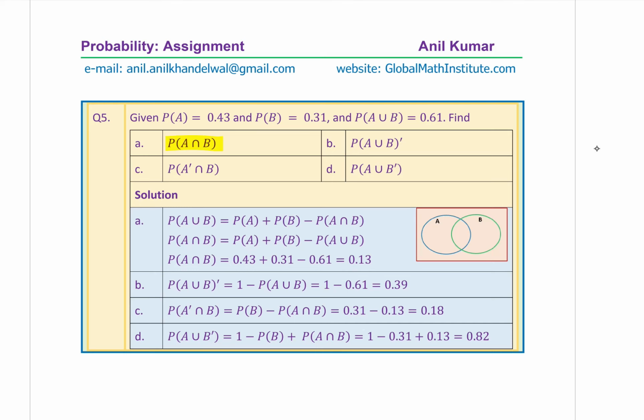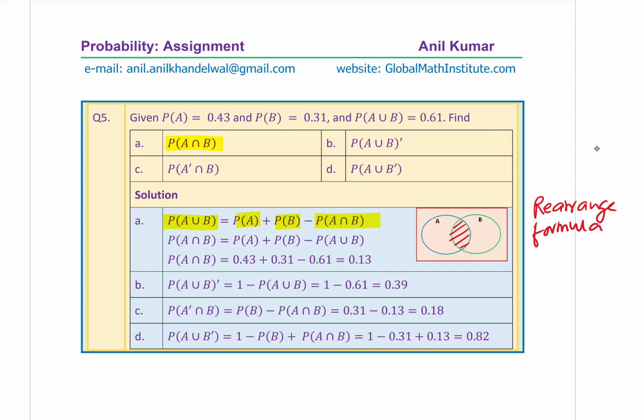Well, probability of A union B is probability of A plus B, taking away probability of A intersection B, correct? So basically, you need to rearrange the formula, right? To find the intersection. Is that clear to you?